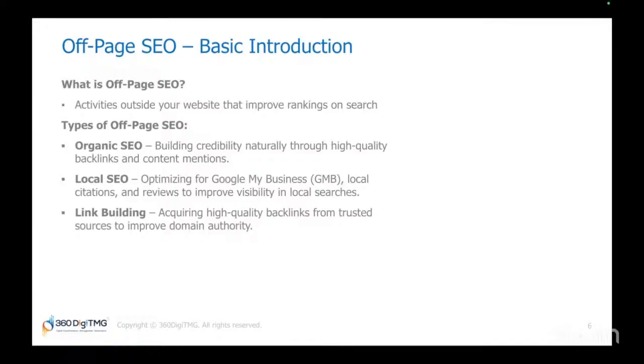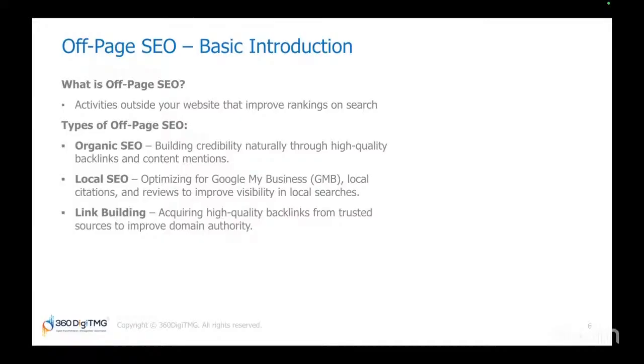What do you mean by do follow? When we get do follow links from third party websites, Google will pass some authority to our website, and based on that authority, our rankings will improve.